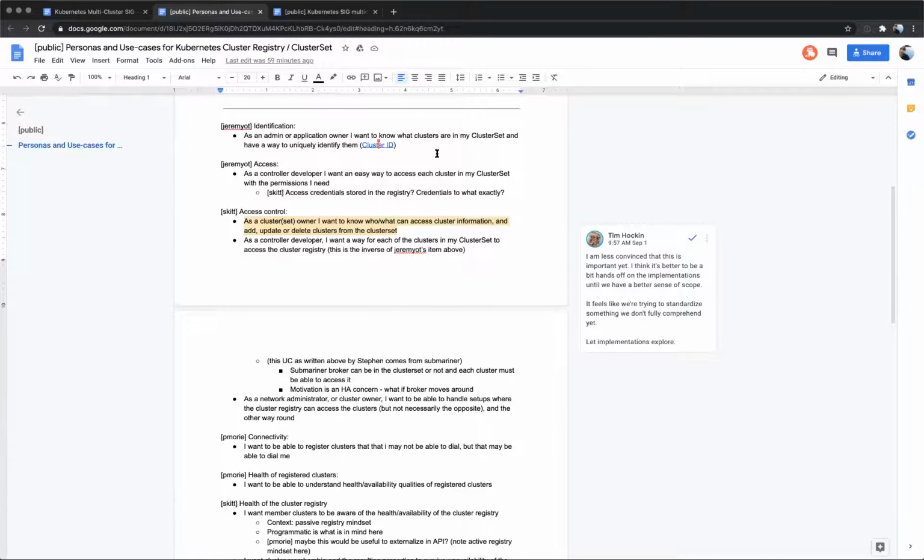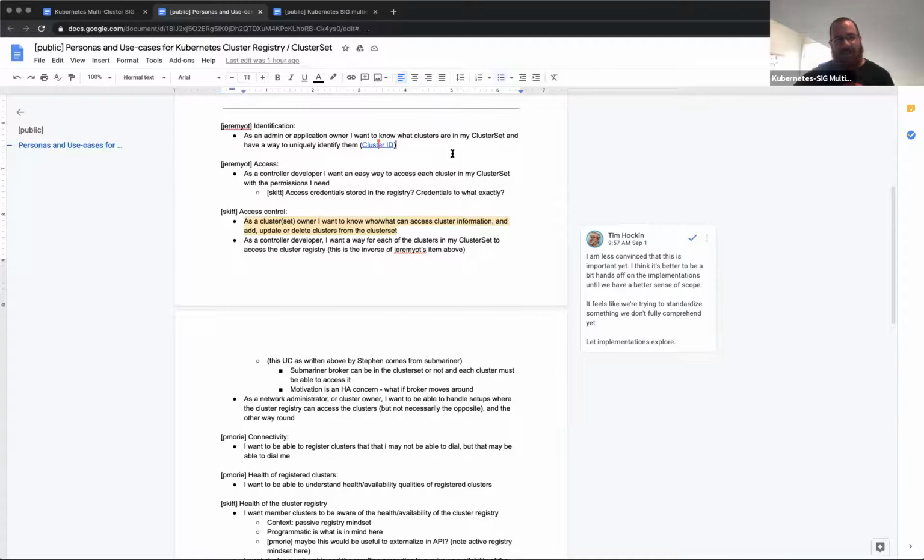But that works for a small set of clusters. Once you start talking about tens or hundreds of clusters, it's not true anymore. Yeah, that's very true. You're right, they do have vaguely human-friendly names, but when you get to a lot of clusters, the human friendliness starts to fall off. And then there's the question of whether that is okay.